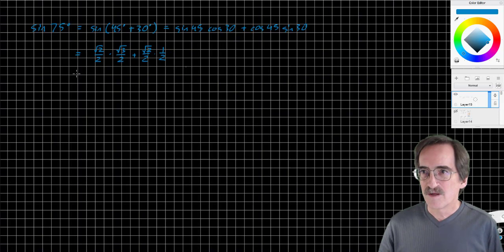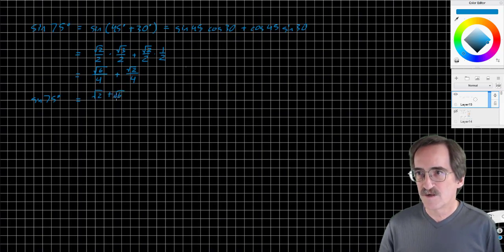So multiply straight across. Root 2 times root 3 is root 6. 2 times 2 is 4. Root 2 times 1 is root 2. 2 times 2 is 4. We have a common denominator. Therefore, sine of 75 degrees in exact form is root 2 plus root 6 over 4.